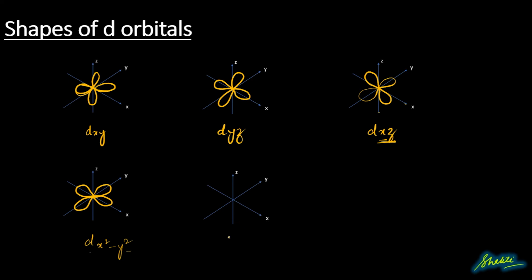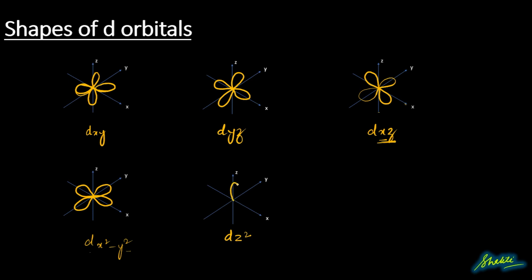Now the fifth structure is dz square. In this structure, both lobes are on the z-axis.